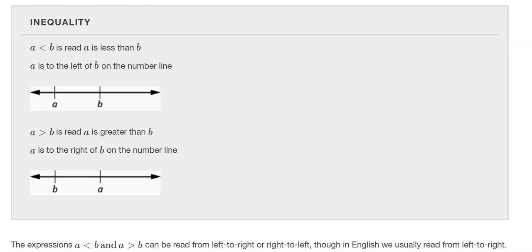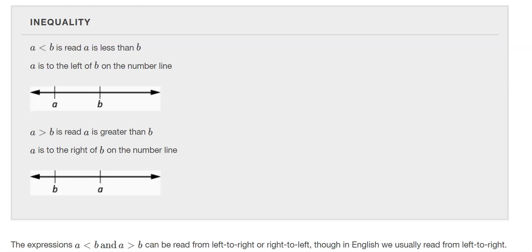You have two sides, right? Left side and the right side. When the left side is equal to the right side, then we call it an equation. When the left side is less than the right side, then we say the left is less than the right. When the left side is greater than the right side, then we say the left side is more than the right side. So you can see that here in the number line.